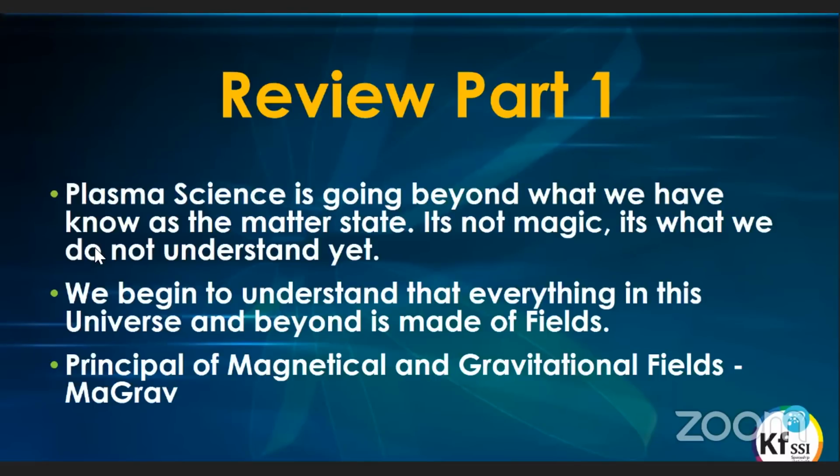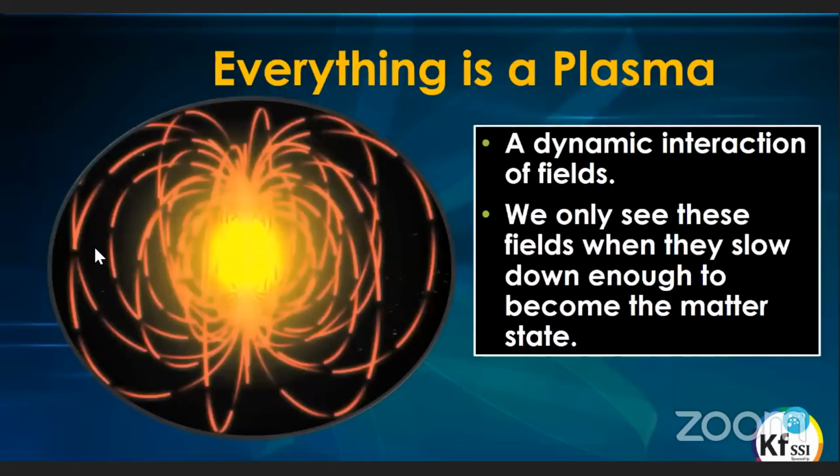And we begin to understand that everything in this universe and beyond is made of these fields. And we have the principle of the magnetical and gravitational, the mag-grav fields. And we know that everything is a dynamic interaction of these fields, and we only see these fields when they slow down enough to become the matter state our eyes can see.